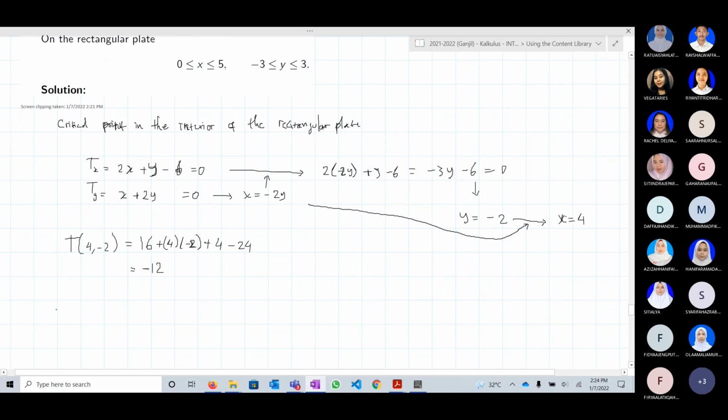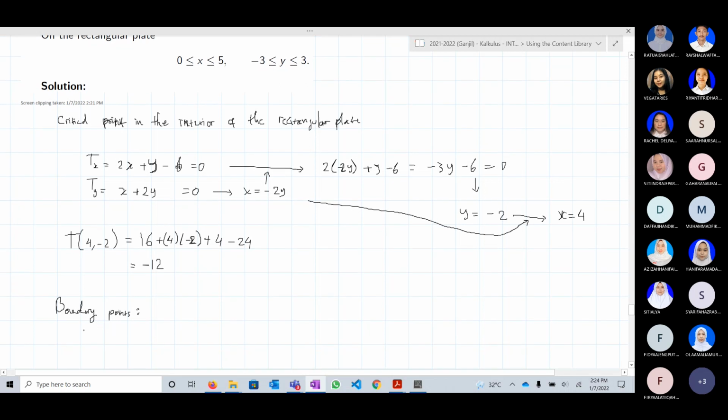Now we inspect boundary points. First, we inspect the line segment x equal to 0, where y runs from minus 3 to 3.